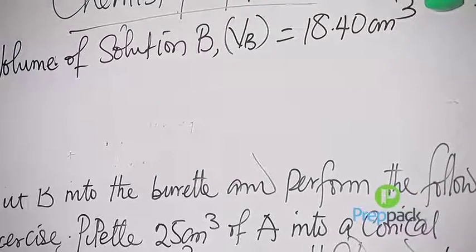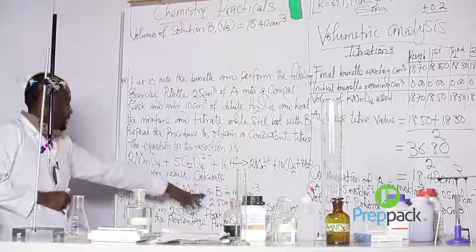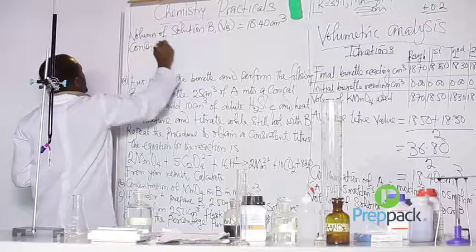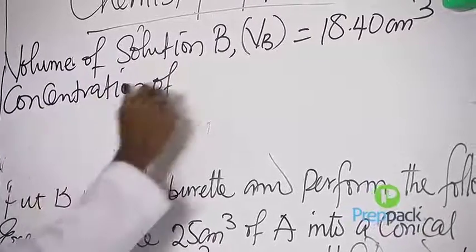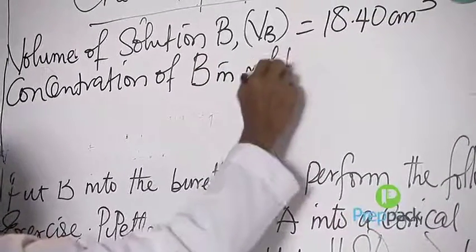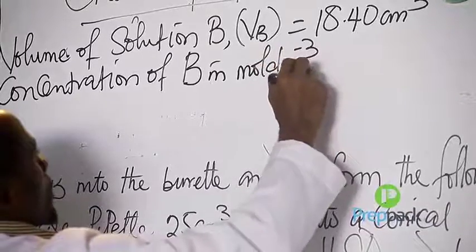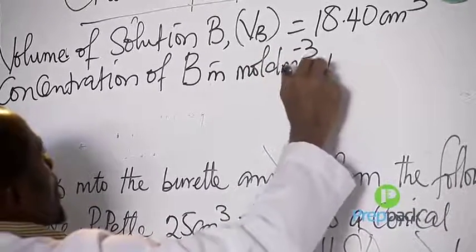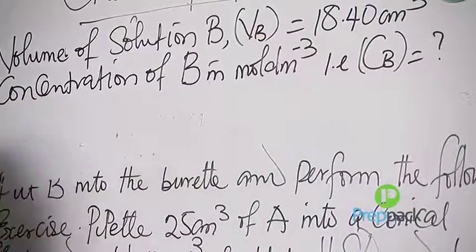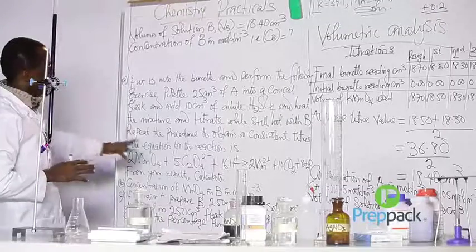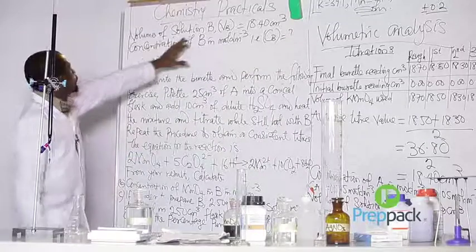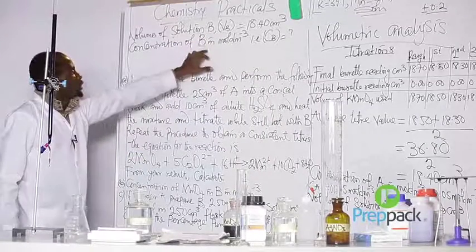So we are looking for the concentration of B, that is in mole per dm cube, that is Cb equal to question mark. So for the fact that we've gotten our Ca, we've gotten our Va, we've gotten our Vb, we are looking for our Cb.